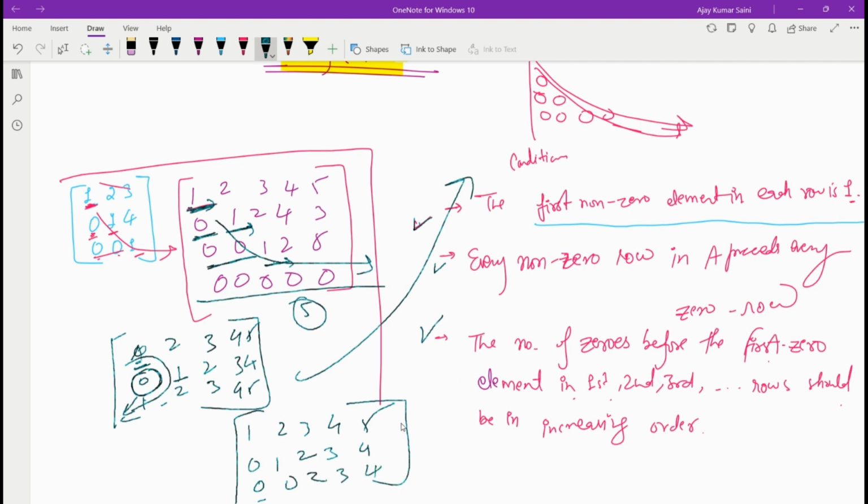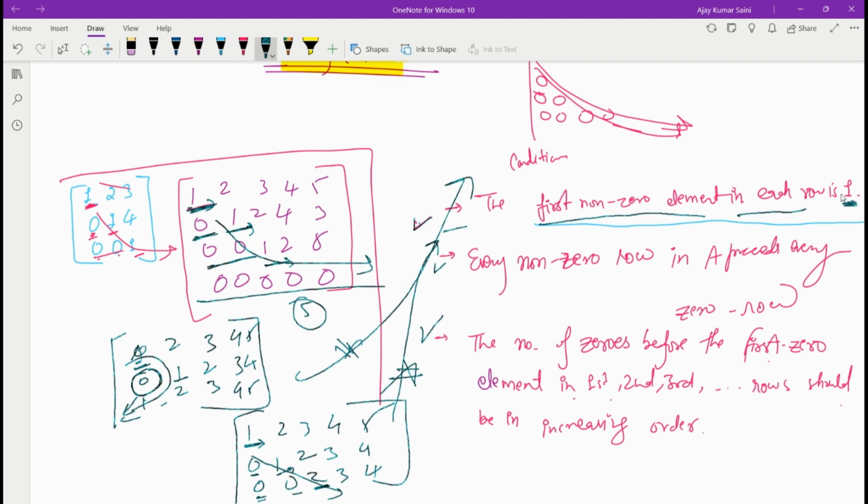This also does not come under this. Why? Because it starts with 1, good. The next row starts with 0 and then 1, good. And 0 0 is increasing, good. But it starts with 2, and the first condition is that the first non-zero element in each row is 1.